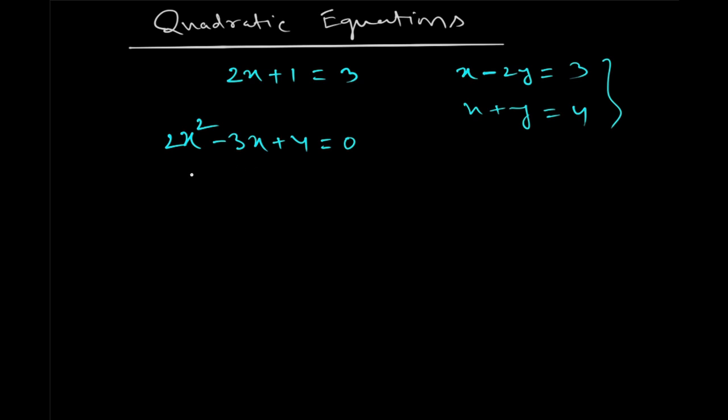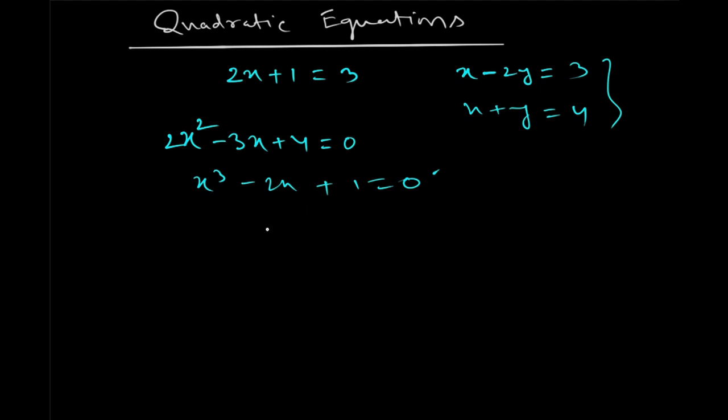Similarly, like the quadratic equation, there is the cubic equation, like this: x cubed minus 2x plus 1 is equal to 0. The maximum power of the variable x is 3. So this is a cubic equation of one variable.